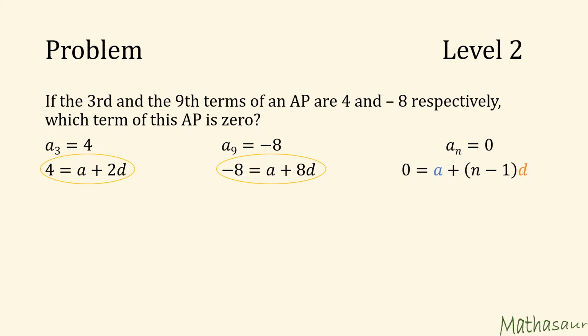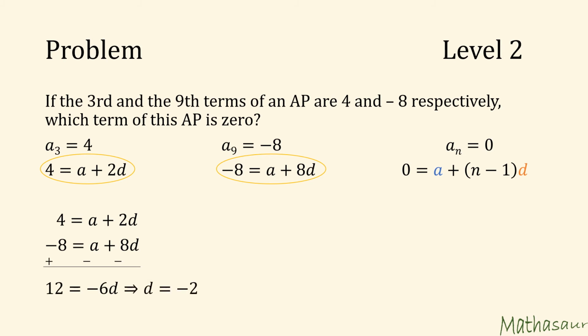Now we already have two equations with the variables a and d. So let us solve these two equations by the elimination method. Eliminating the variable a, we find d equals minus 2. Putting this value of d in one of the equations, we get a equals 8.